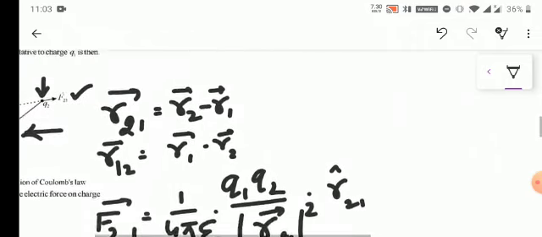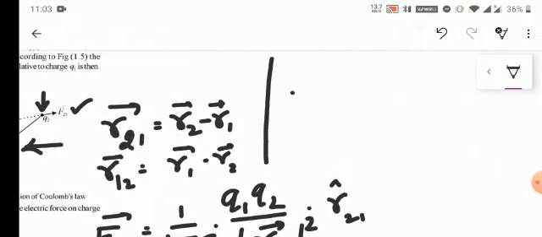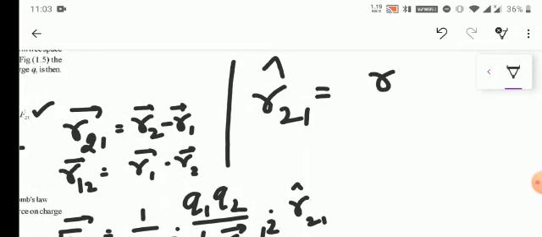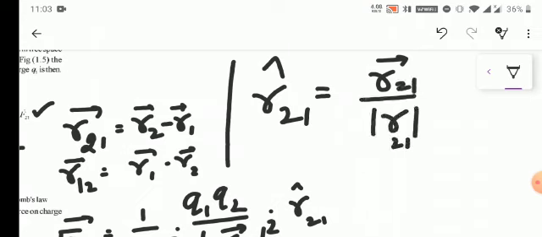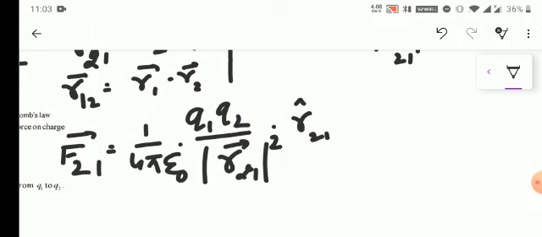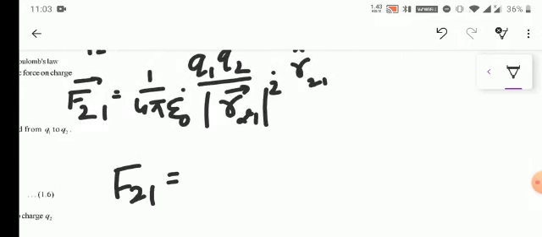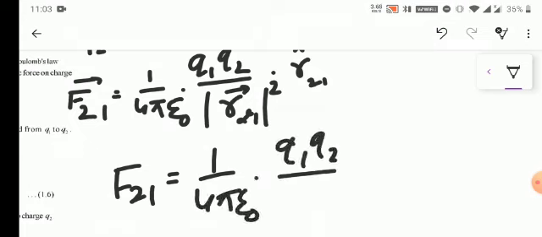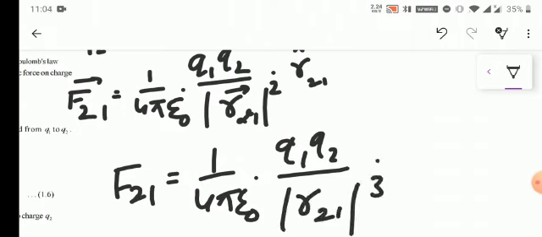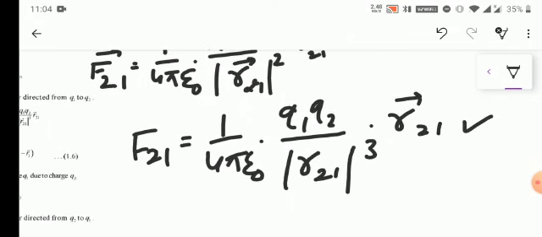You know from 11th class that the unit vector is vector r upon magnitude of r. If you replace this value, you get f21 equal to 1 upon 4 pi epsilon naught, q1 q2 upon magnitude of r21 whole cube, into vector r21. This is the formula for the force of q1 on q2.